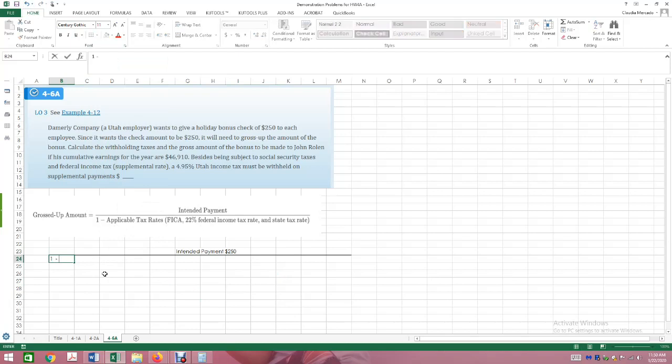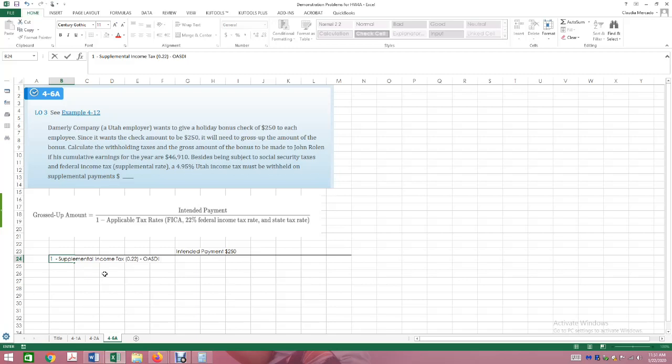So it'll be 1 minus my supplemental income tax rate, which is 22%, which is going to be 0.22, minus my FICA tax.